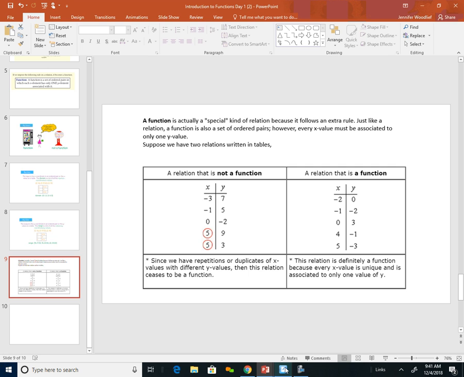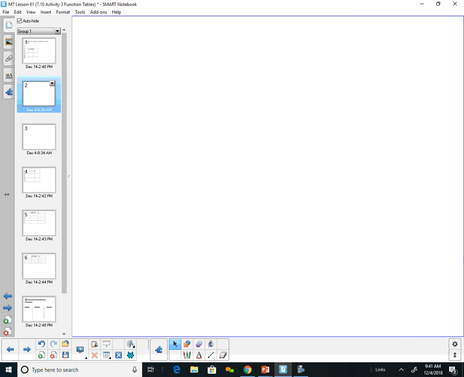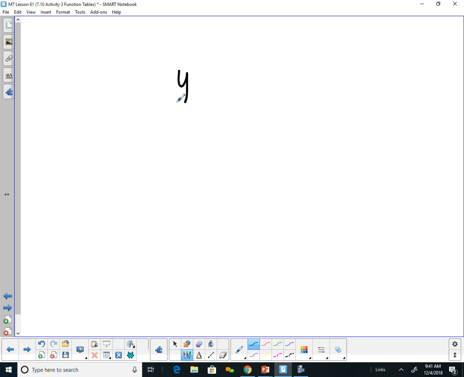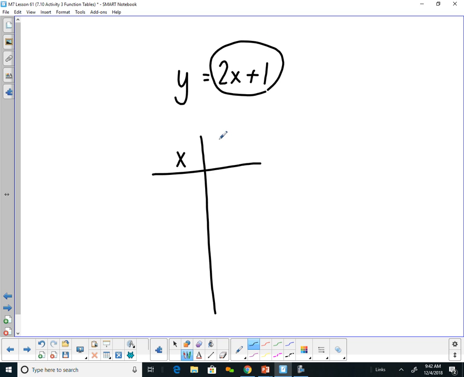Now, the other thing you're going to have to do is you're going to be given an equation. Let's say we have the equation y equals 2x plus 1. Okay, and I'm going to ask you to make a table. All right, so what you're going to do is over here, you're going to tell me what your x values are. In this second spot, you're going to actually give me that equation, 2x plus 1.